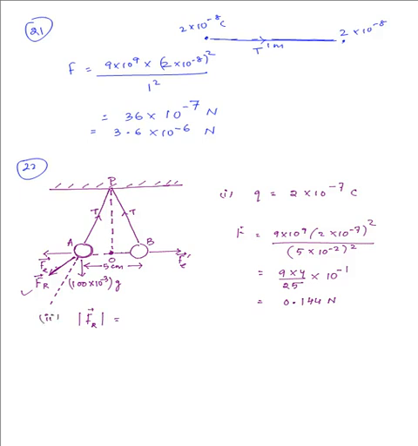Well, as I see it, this is the force of repulsion, which is 0.144, that squared plus, because the angle between the repulsive force and the weight of the object, which is the other force that is acting on it, that is equal to m times g. M here is 10 raised to the power minus 1 kg, and g is obviously 9.8.